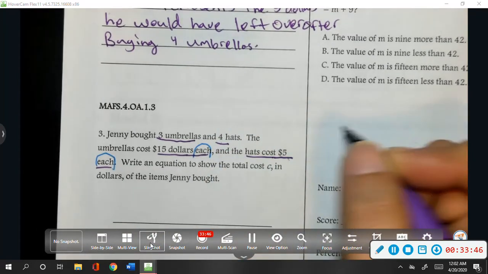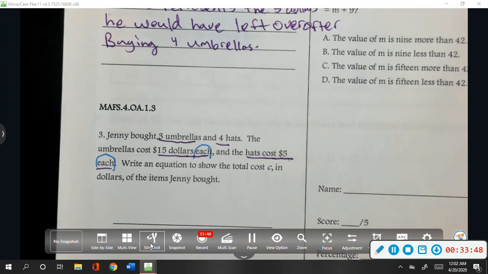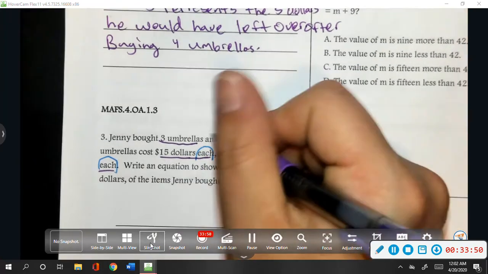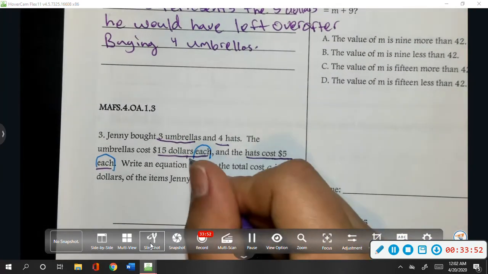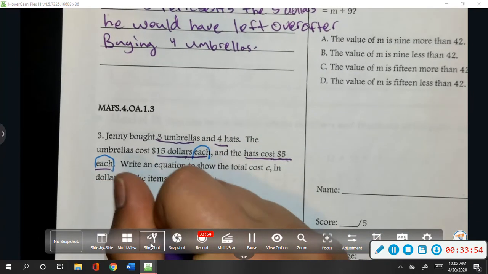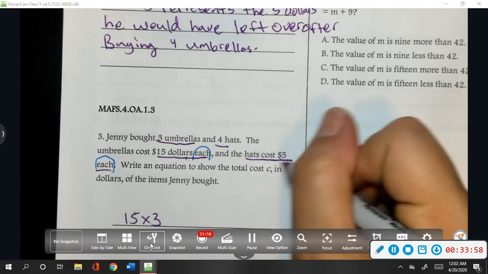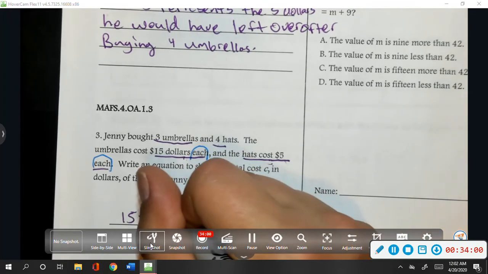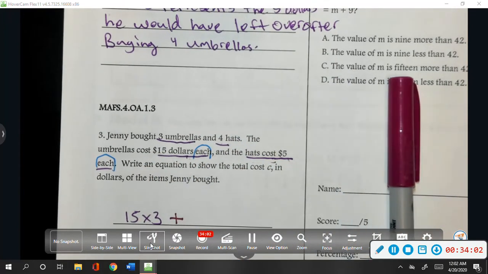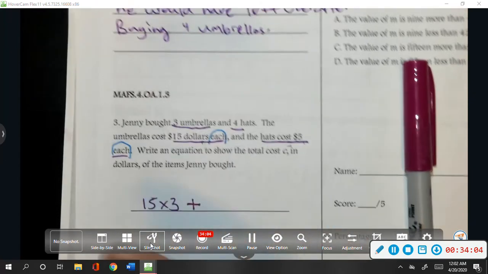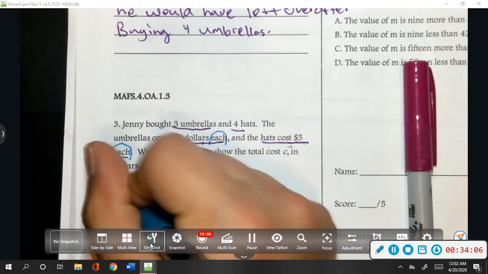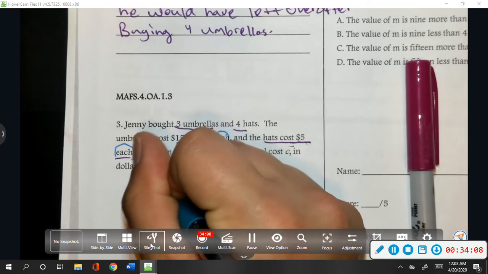So what our equation is going to look like, we're going to have to pull out the umbrellas. We know that the umbrellas are going to cost $15 each, so 15 times 3. But then we need to add in the hat cost too. So we need to plus, and I usually like to group. So this is umbrellas.